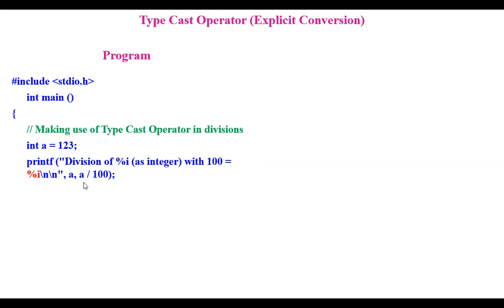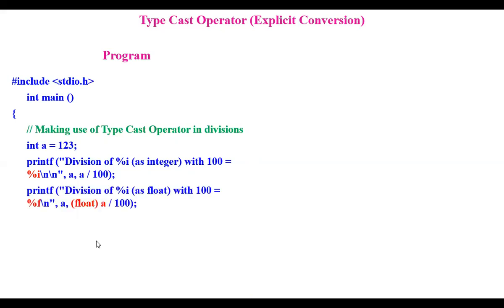I want to divide this a, which is an integer, 123 divided by 100, and I want to indicate the integer value here. What do you think? 123 by 100, what would be the output? We expect 1.23 generally. But here, let us see what happens.